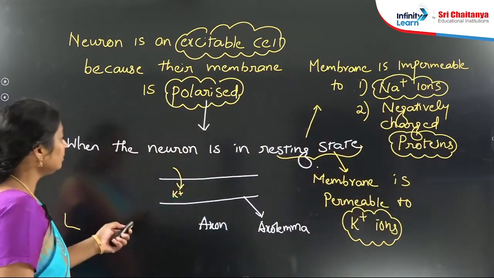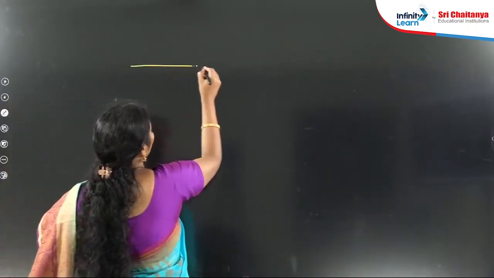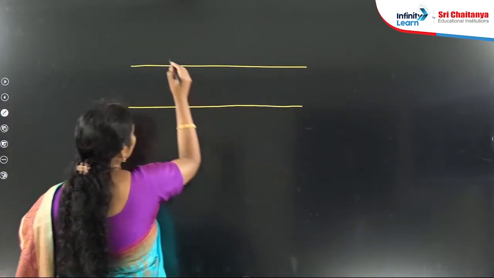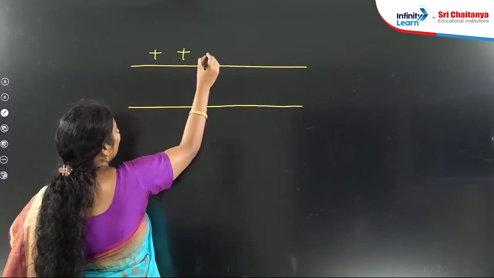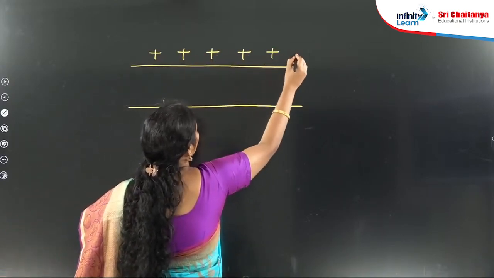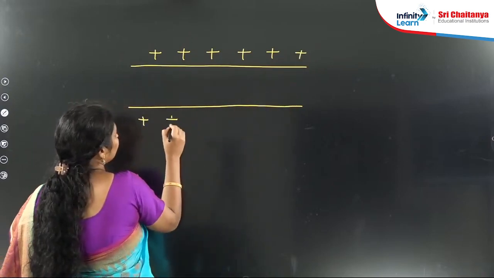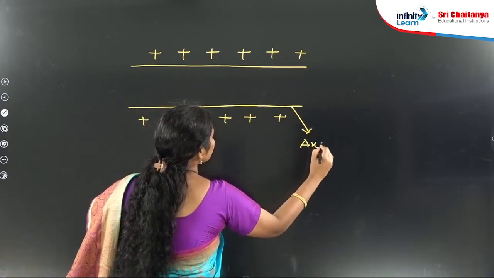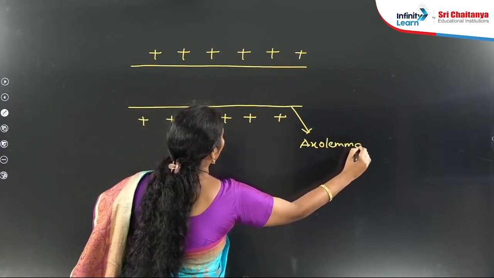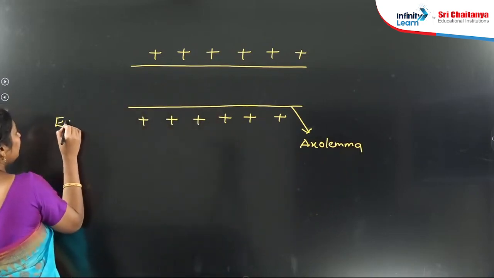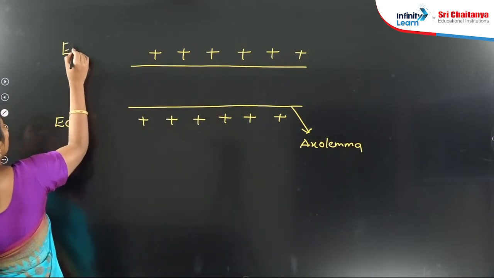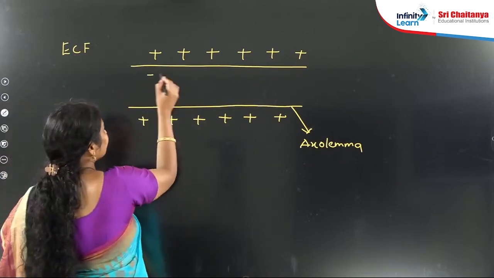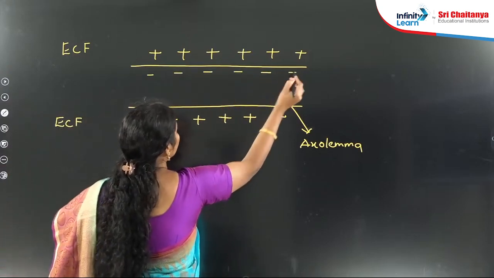Because of this, the neuron will have charges. What are the charges present outside? Outside charges are positive. Same thing, this is the axon and this is the axolemma. This is the extracellular fluid, meaning outside the neuron. Extracellular fluid will have positive charges, and inside it will have negative charges.